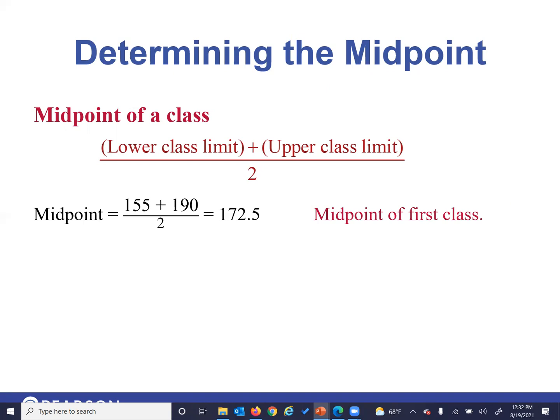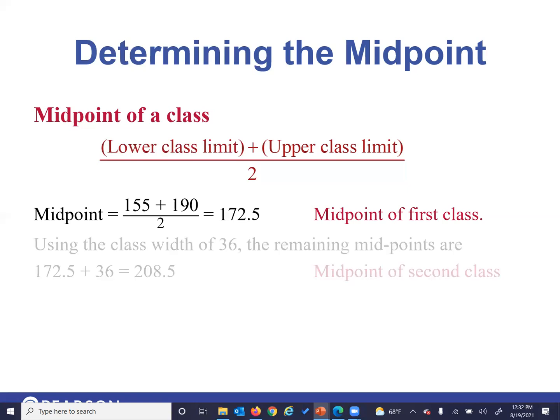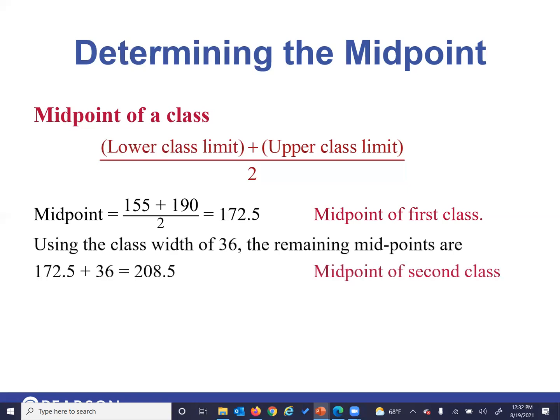As I show the graph to you guys, you will see it done both ways. Sometimes we graph it in terms of limits, which tells where it begins and ends. Sometimes we just graph it as a midpoint. Once we get that middle, we can do the rest of them if you like. We keep on doing that for each next one, or you can just add 36 to it, because 36 is the difference between them.